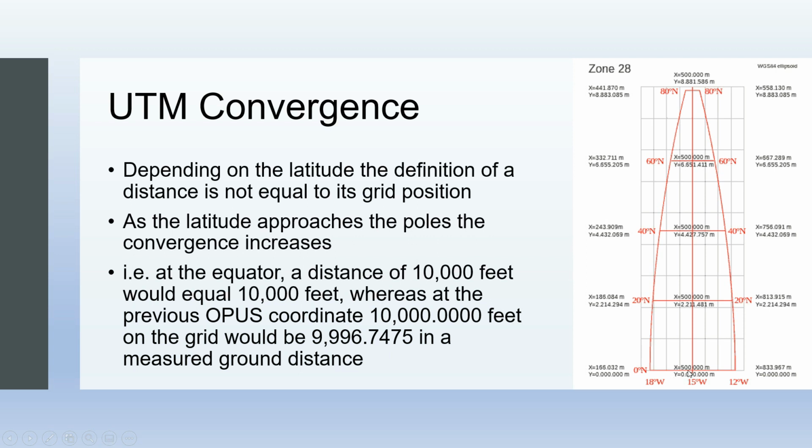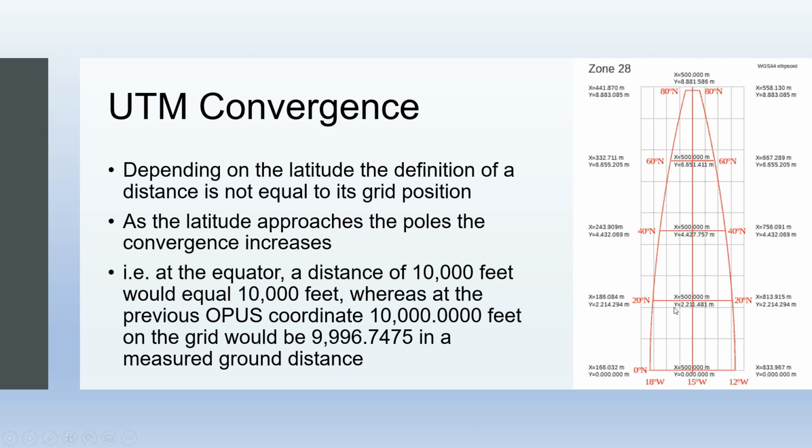So this is x of 0, and then this would be x of 500,000. Actually, a better one would be: 500,000 is from here, and then to here is 833,967 meters.